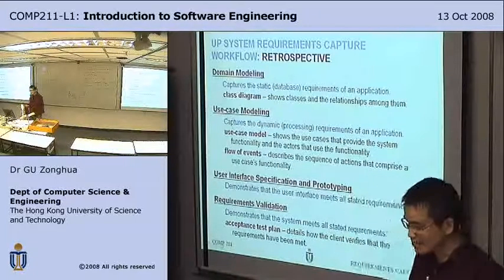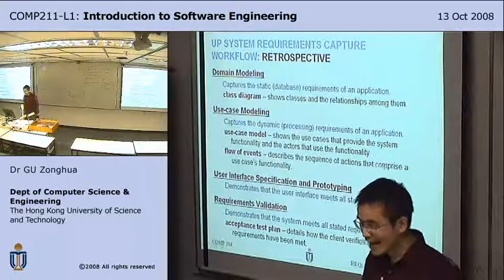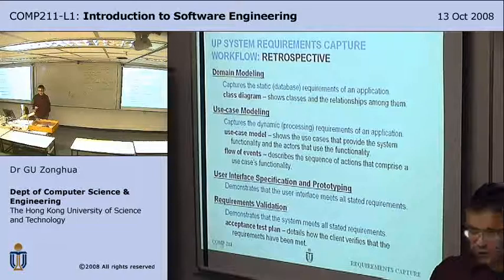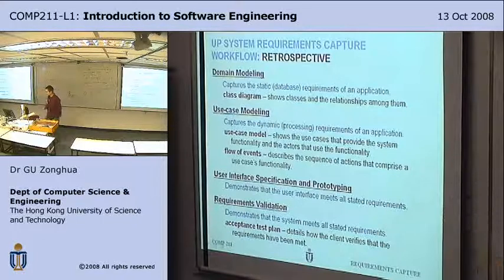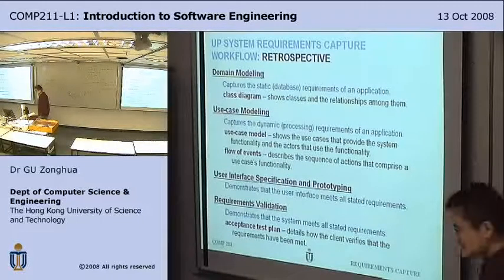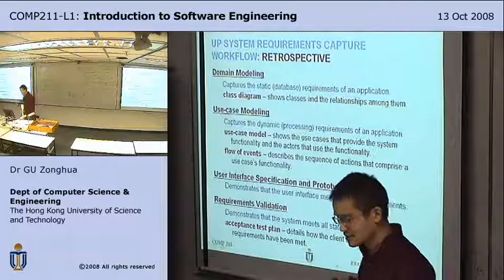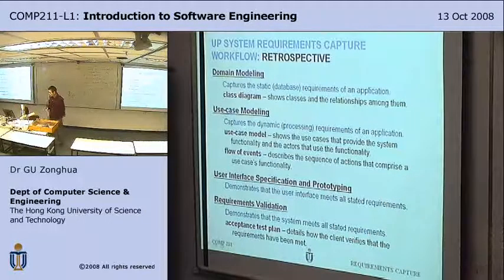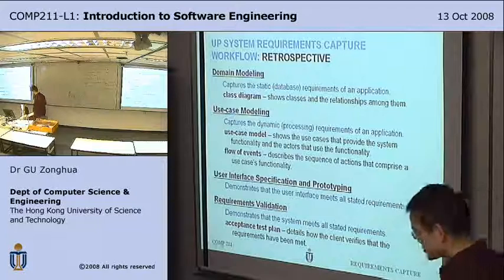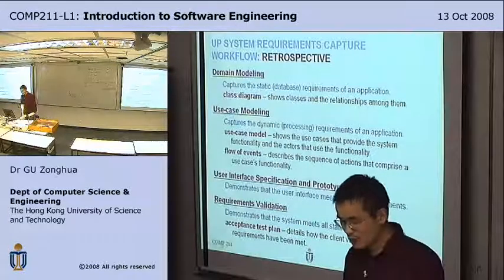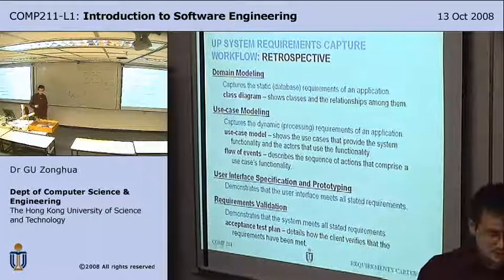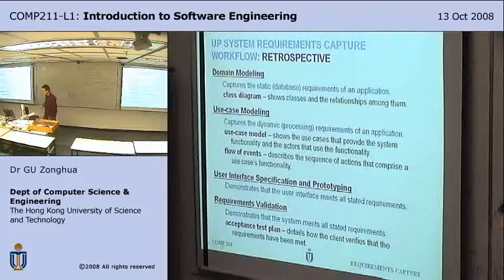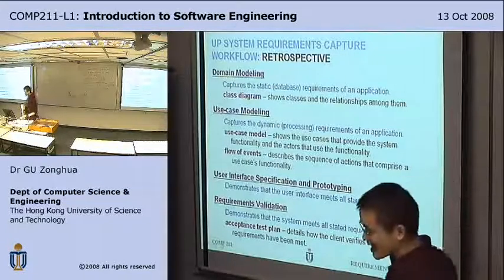So use case modeling captures the dynamic processing requirements of an application. A domain model is a static thing. So a use case model actually describes what actions are happening in the system initiated by an actor.